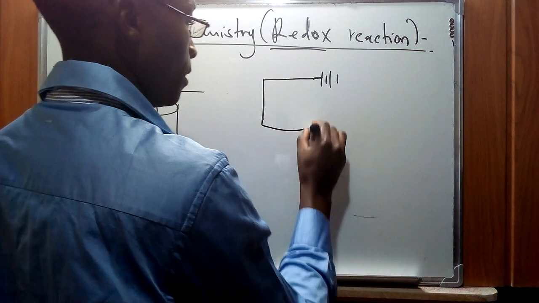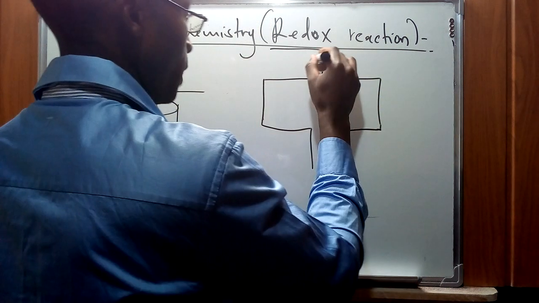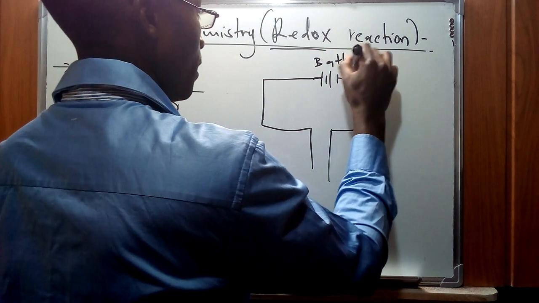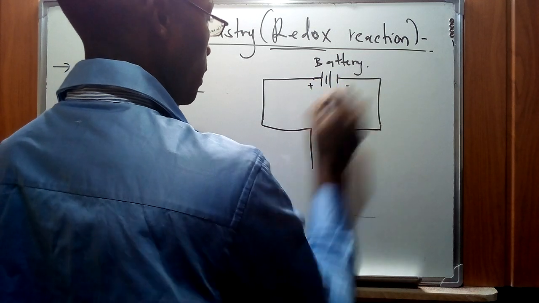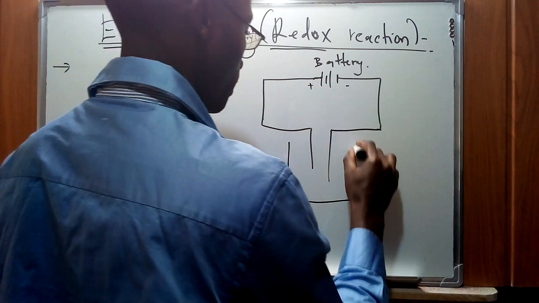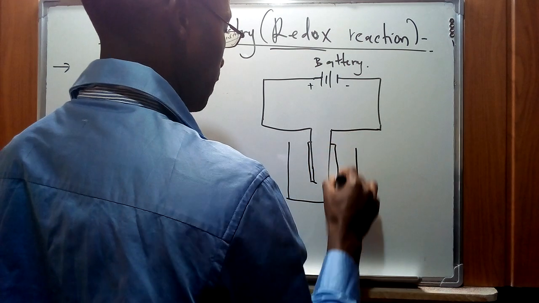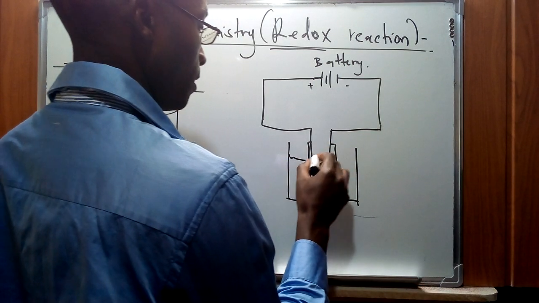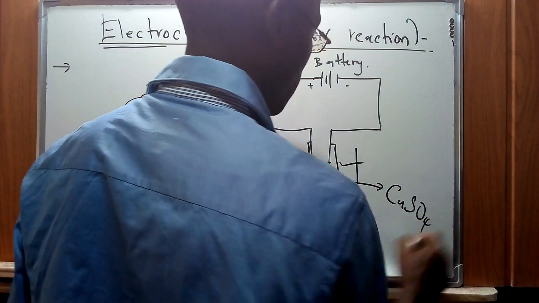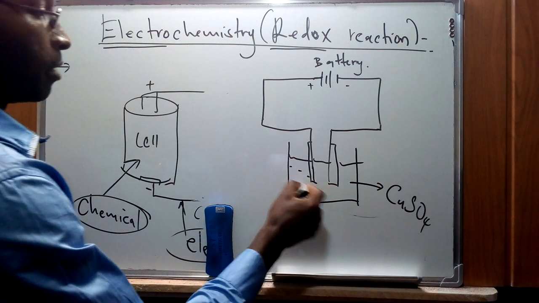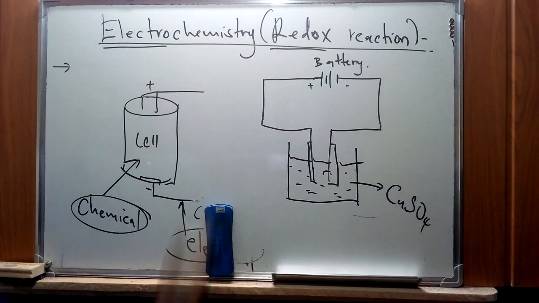In this case, if we have an illustration like this, whereby this is a battery, with a positive and negative, and these particular connectors or conductors are immersed in a solution of maybe copper sulfate, there's going to be an effect in this solution, which we are going to discuss, and which also entails the concept of redox reaction.